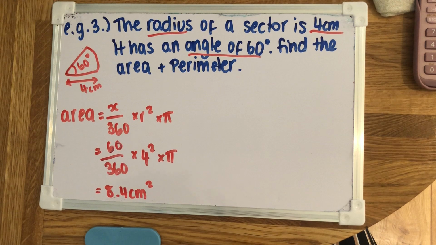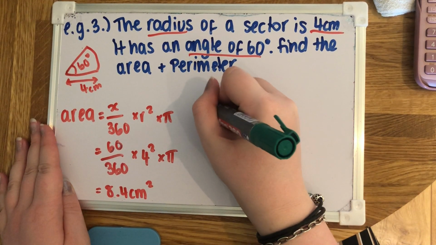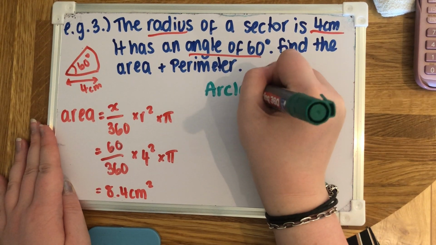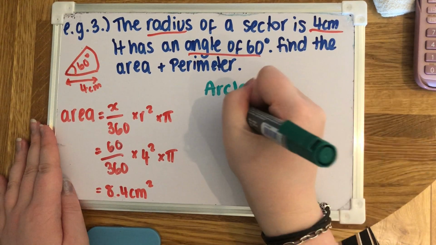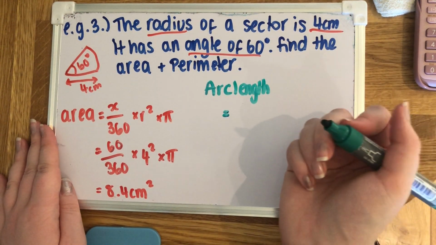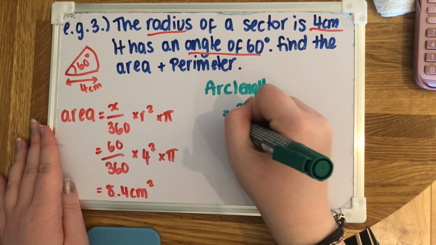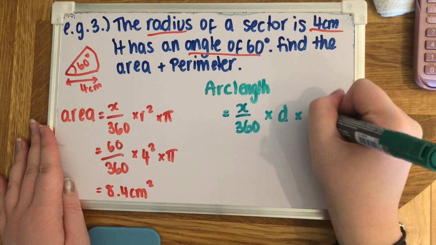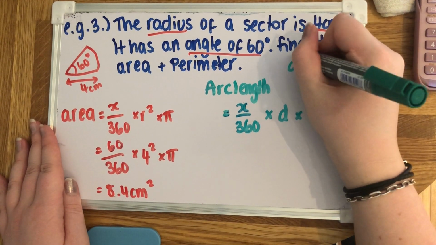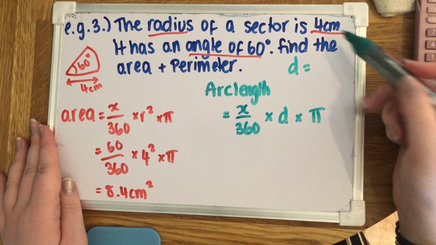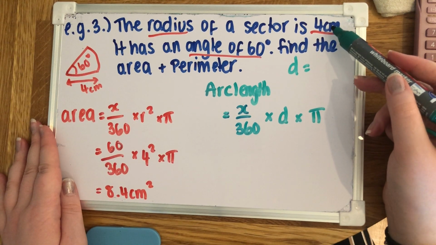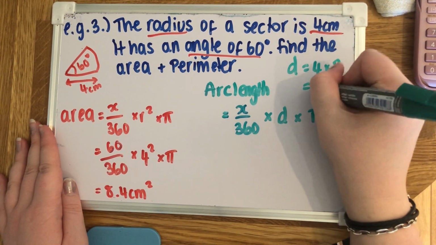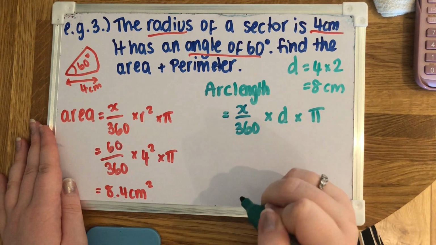The perimeter, so again we're going to start off with the arc length, which is just the curvy bit. For the arc length, we do the number of degrees, or what x is, divided by 360 times the diameter times pi. We don't actually have the diameter at the moment, we've only got the radius, but to get the diameter we just times that by 2, which is 8 centimetres.